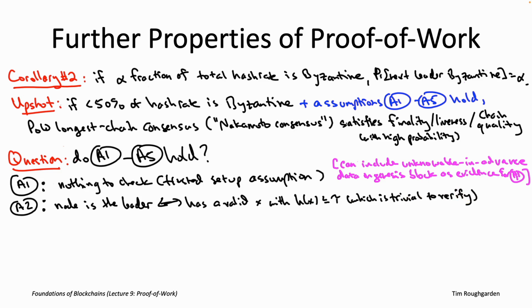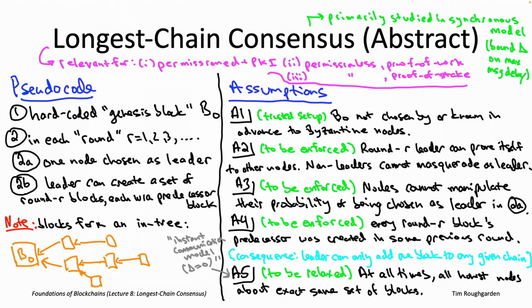So moving on, let's go to assumption A3. This assumption states that nodes shouldn't be able to manipulate the magenta box, the intended way of selecting a leader of a round. At least if we're thinking about all of the nodes' hash rates as being fixed, all of those mu's as being fixed, A3 would follow pretty much immediately from the sybil-resistance property that we just showed, which, remember, basically follows from the random oracle assumption.